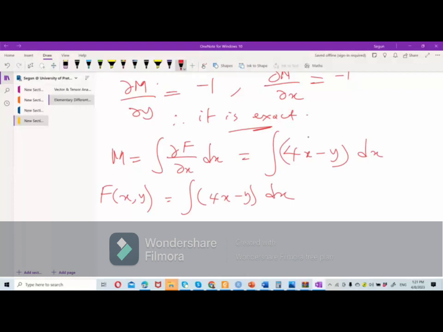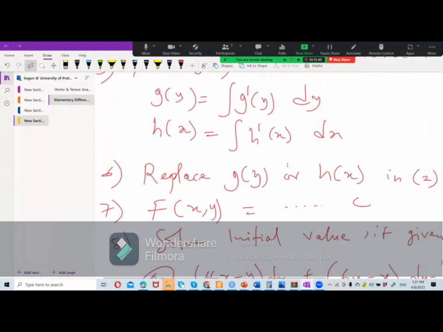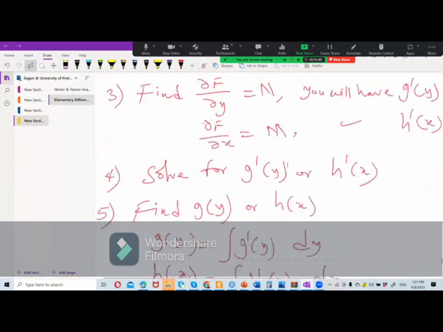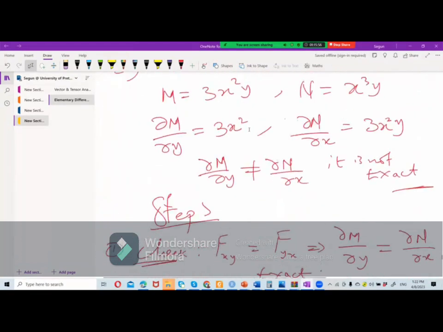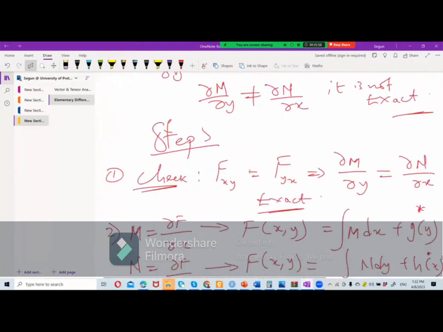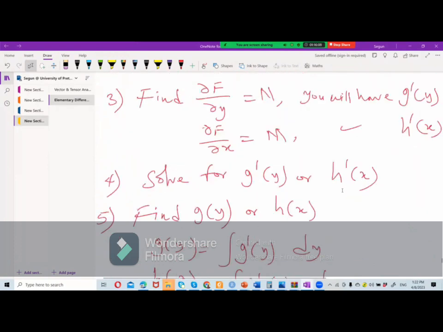So let's solve this one. Remember the step by step. We finished step 1, and now we are going to step 2. Step 2 says, integrate m with respect to x and add g of y. So that's where we are going.